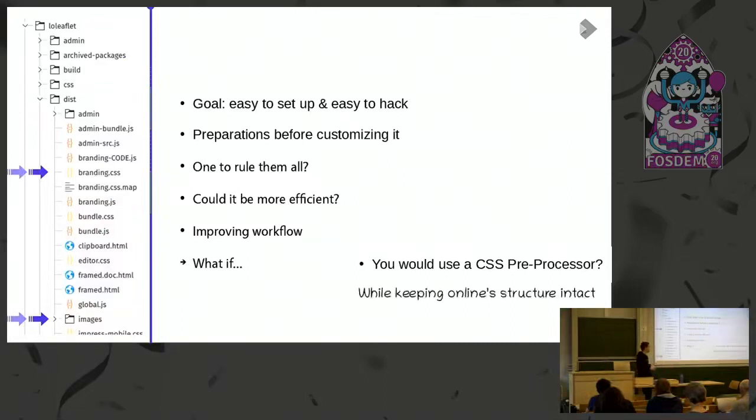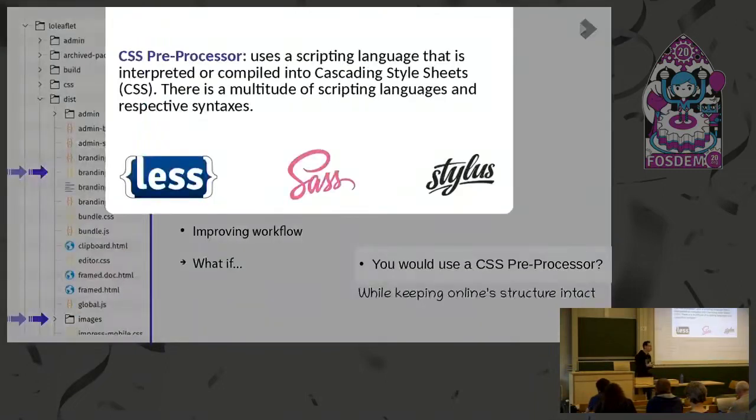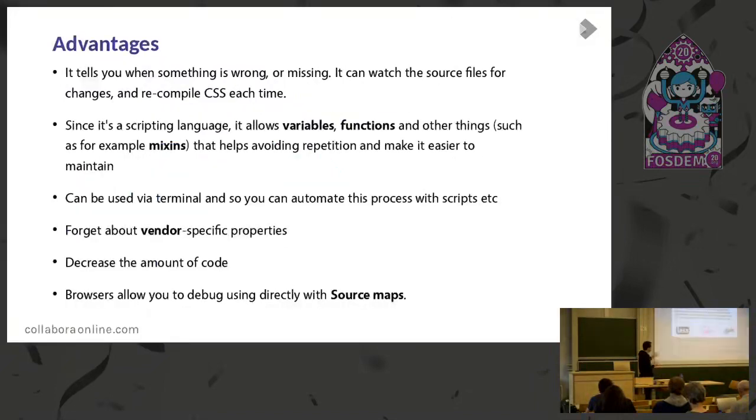This CSS preprocessor allows you to compile from a scripting language to CSS. This adds a layer of complexity, but it also, for this example, we'll take Sass. There are many, as you see, but for this example we'll take Sass. It suddenly allows you to work with variables, functions, and what they call mixins.